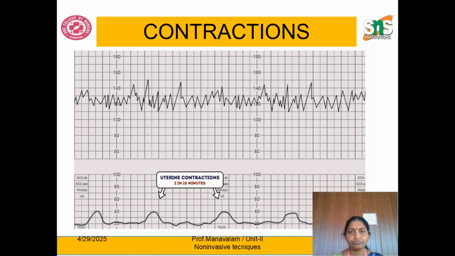According to this graph, there are 2 contractions present in the 10 minute period. According to the contraction, there is a variation in the fetal baseline heart rate. This is how we monitor the uterine contraction through CTG monitoring. In the next series, we will see the other parameters that we monitor through CTG.